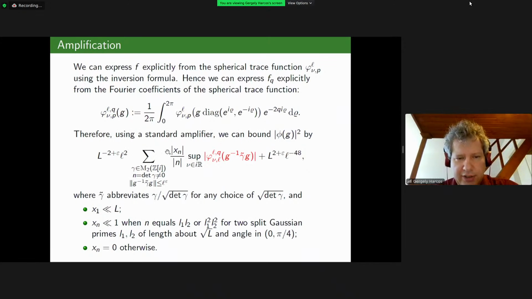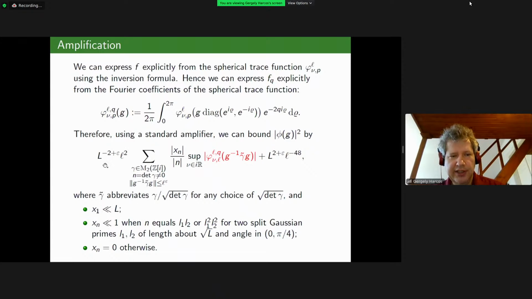And then there are certain weights coming from amplification. And then we conjugate gamma with G as in the pre-trace formula. And the upshot is that we need to understand the sup norm for all these conjugated gammas when scaled down by the square root of the determinant.